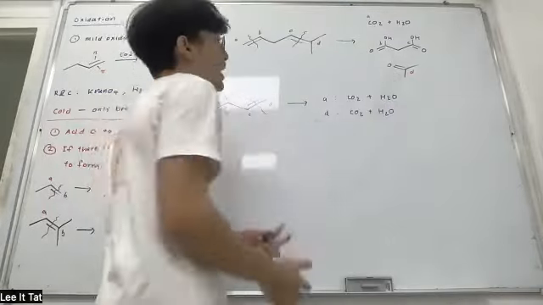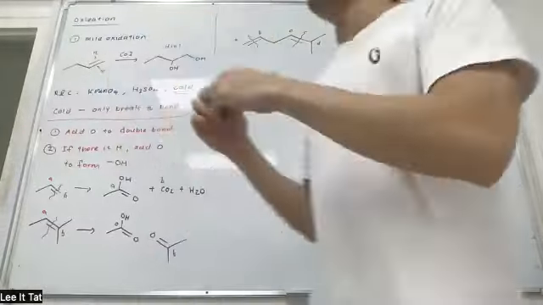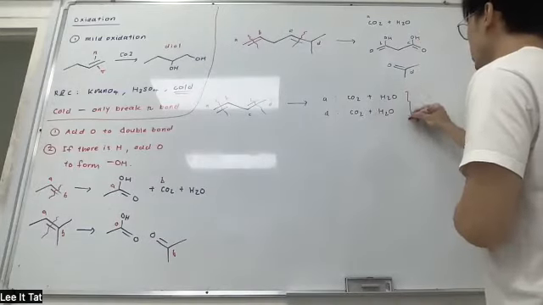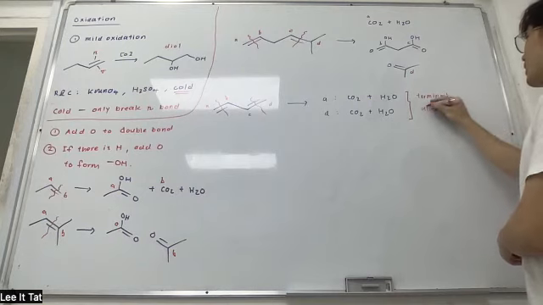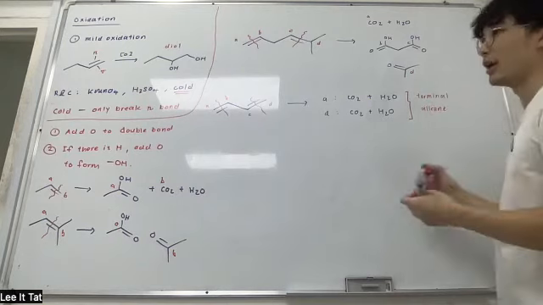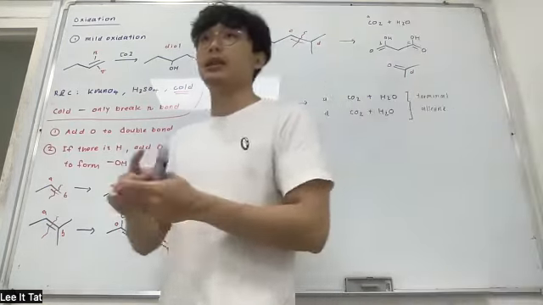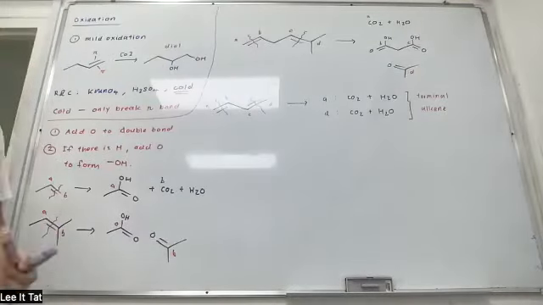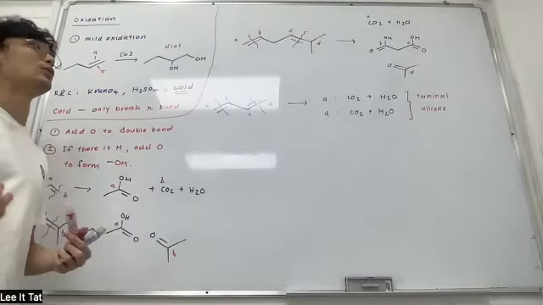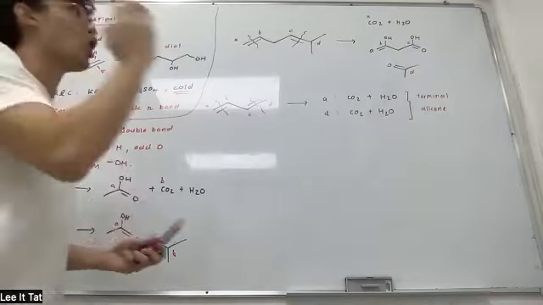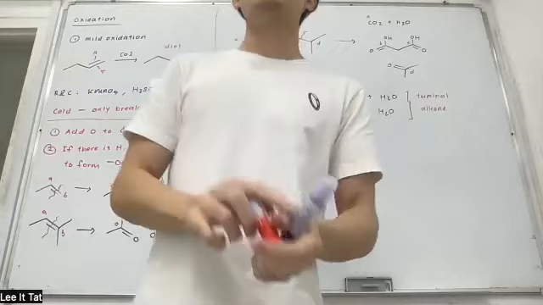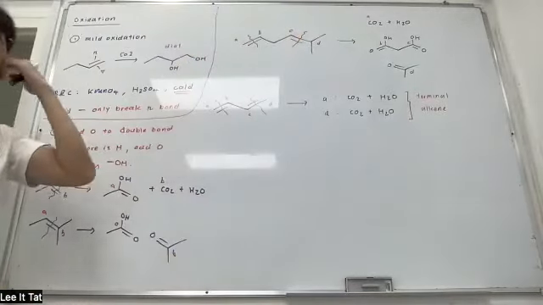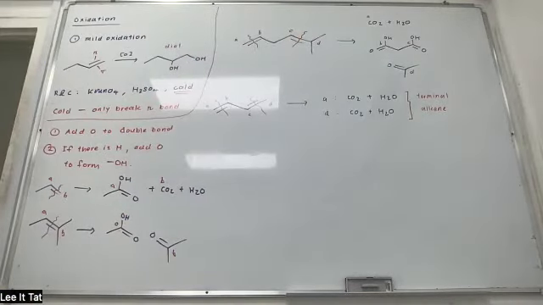Anything that's at the end, note this from now on. This is known as a terminal alkene. Terminal means at the end, like terminal illness at the end of your life. Terminal alkene means alkenes at the end. These alkenes will confirm produce carbon dioxide and water. So next time you see an alkene just hanging at the end, you can see that.